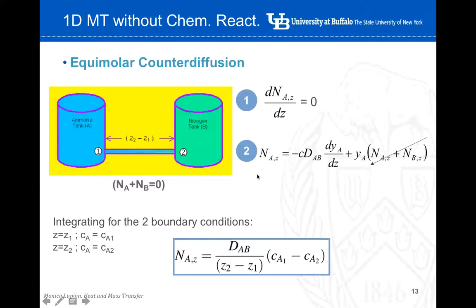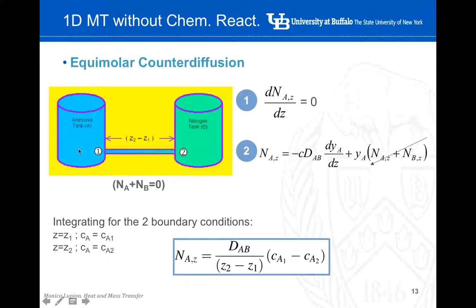For the Fick rate equation, because it's counterdiffusion and it's equimolar counterdiffusion, that means that if there is a variation of the molar A, it will be the same variation in the molar B. And this is just an example when we can apply the concept of equimolar counterdiffusion.